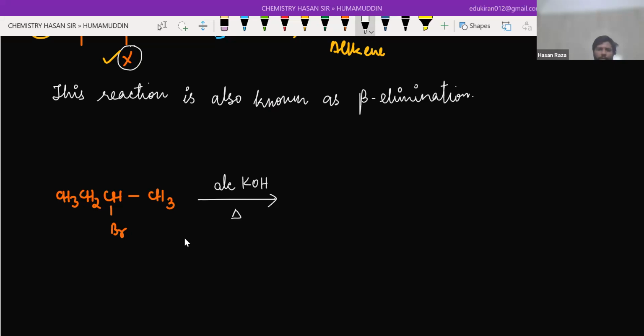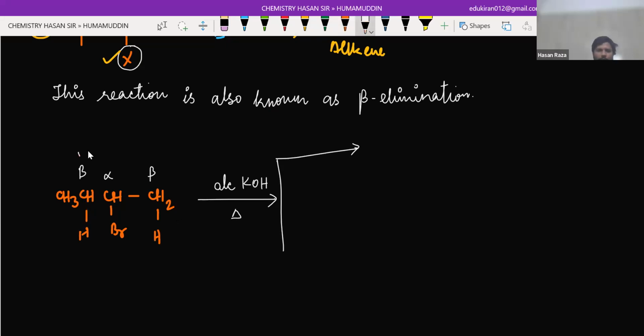So see, it's very simple. I'm going to write it like this, and in the same way, like this. So basically, all I want to say is that this is your alpha, this is your beta, and this is also your beta. So there are two products possible.